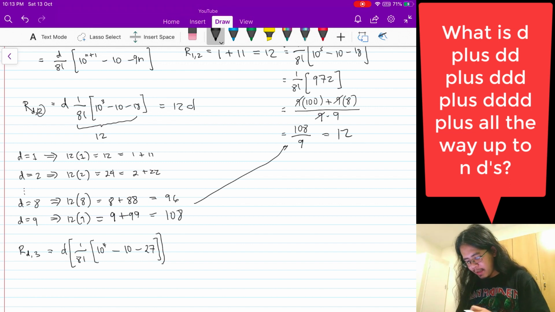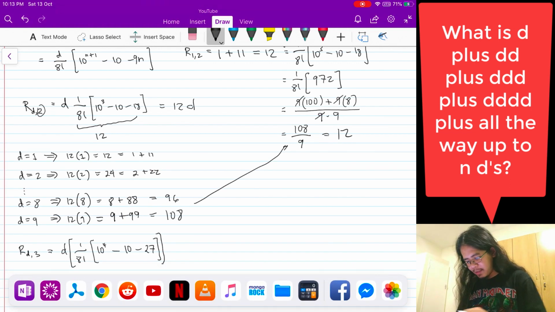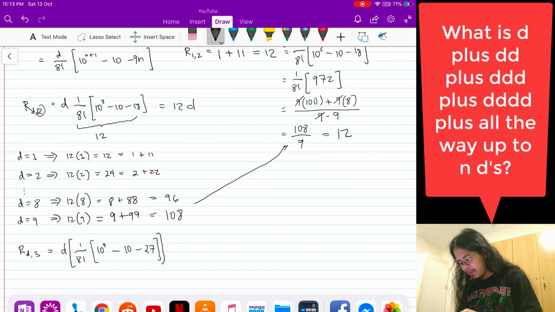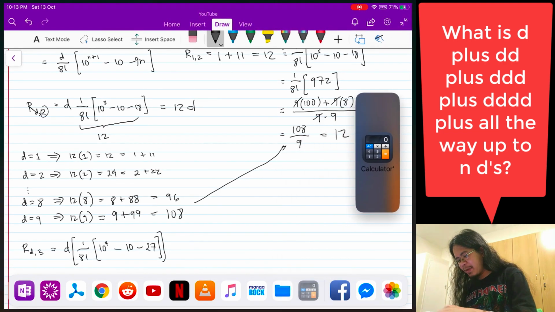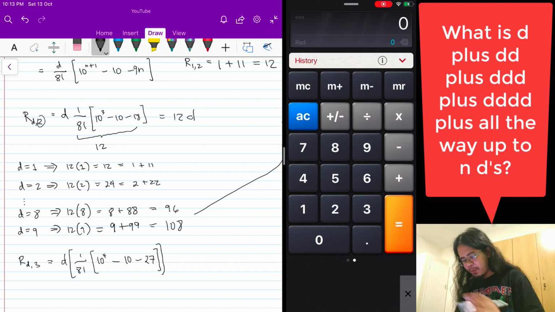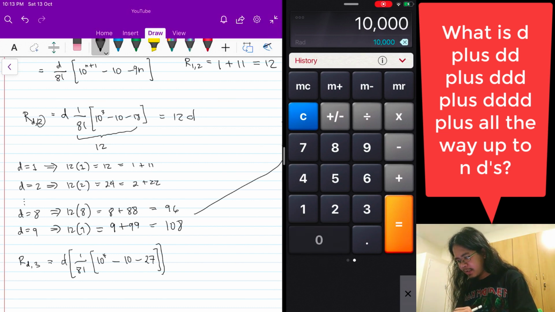I'm going to need my calculator here so that we won't mess up our basic arithmetic. So let's do 10 to the 4th, which is of course 10,000, minus 10, minus 27, equals 9963.